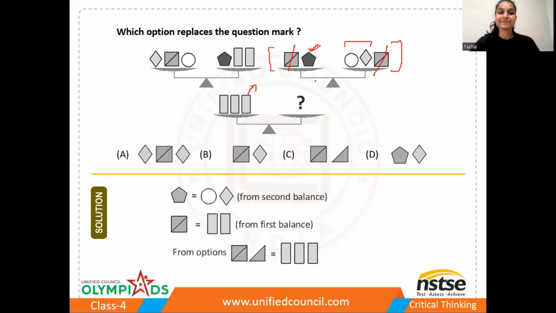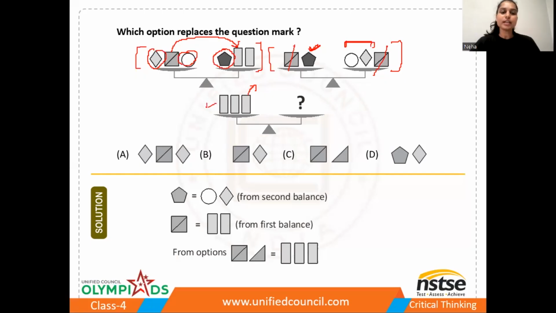Similarly, in the first diagram, this pentagon shape is equal to these two. That means this diagram is equal to two blocks.